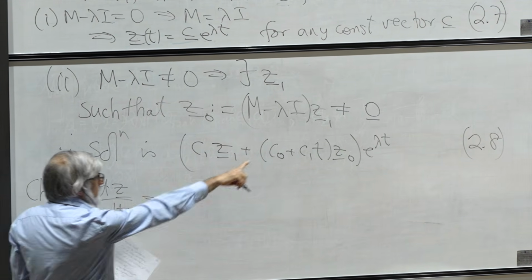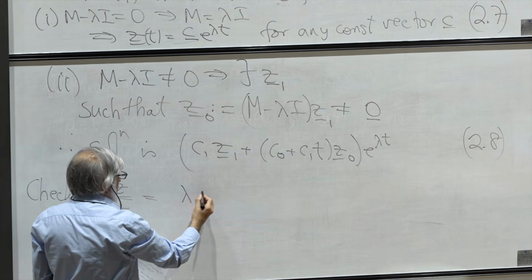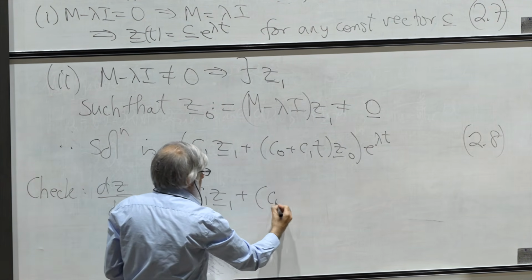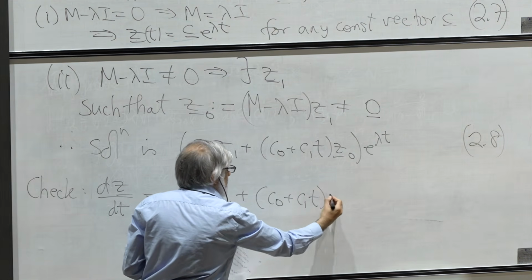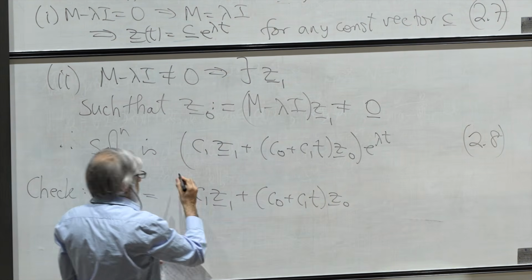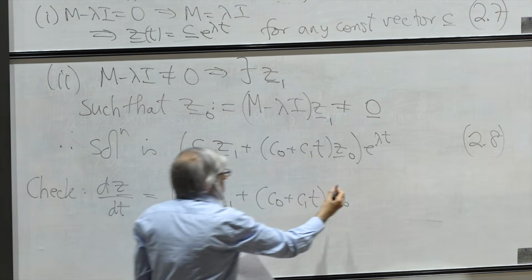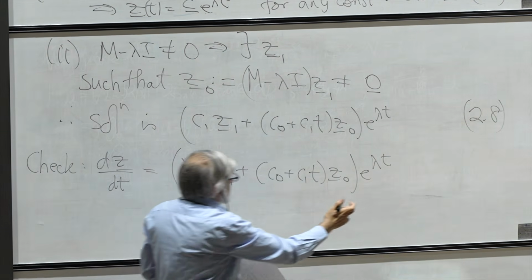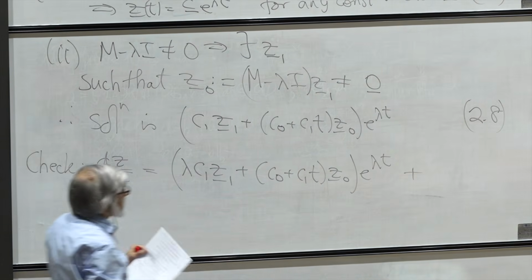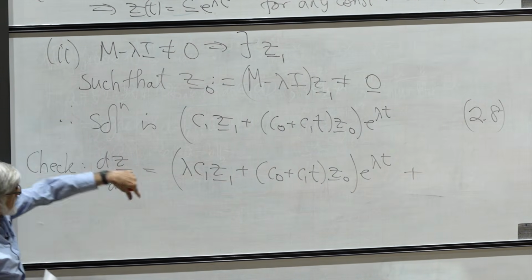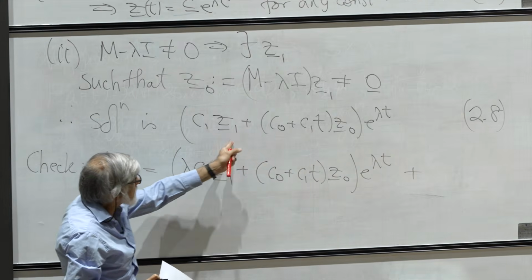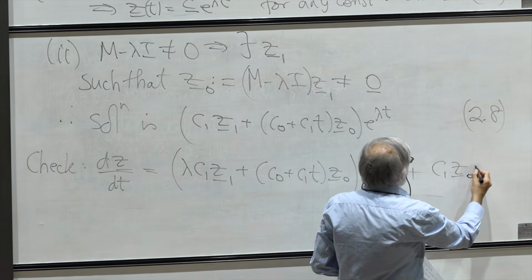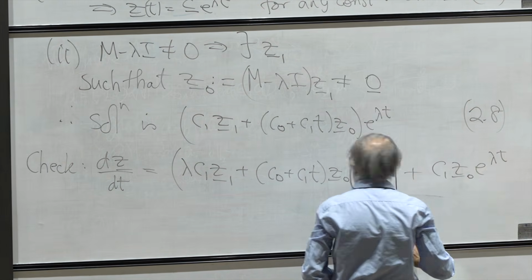We differentiate the exponential and you'll get lambda times c1 z1 plus c0 plus c1 t z0, times e to the lambda t, plus, because it's just a product, the next one will be differentiate this with respect to t, and we'll just get c1 z0 e to the lambda t.